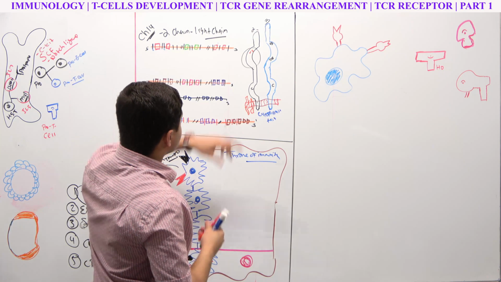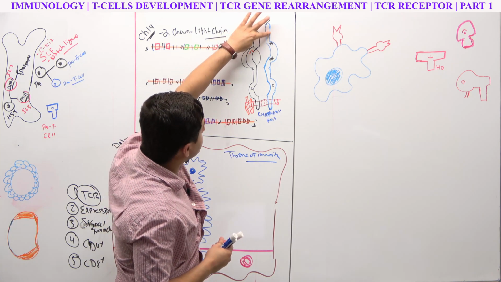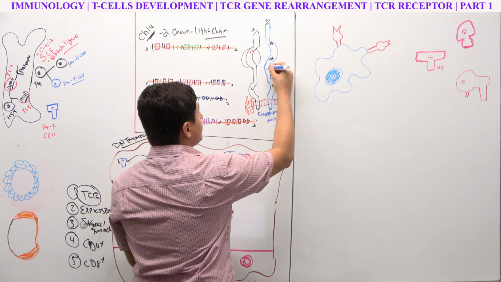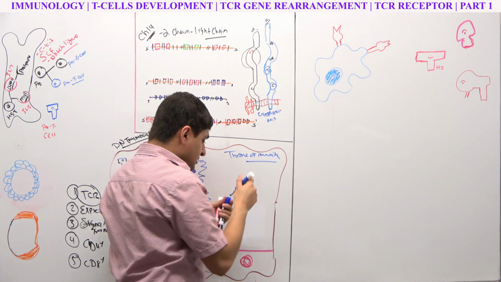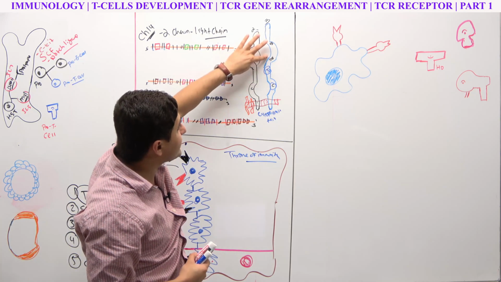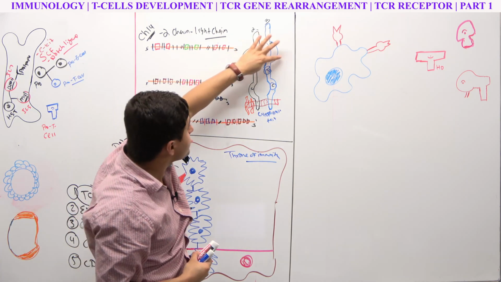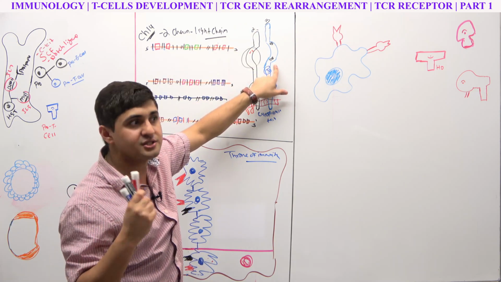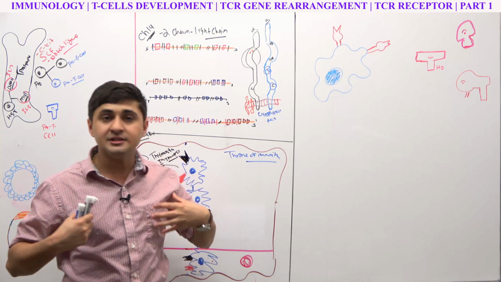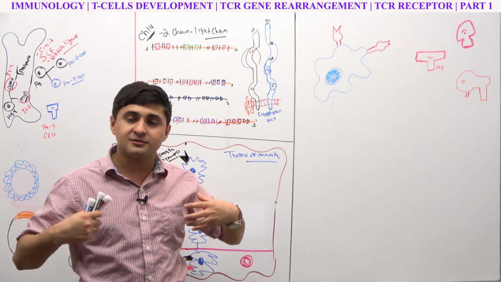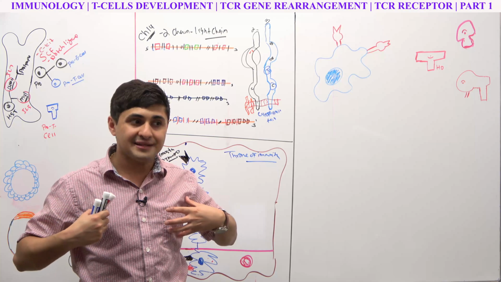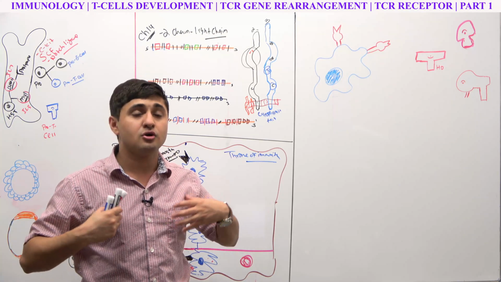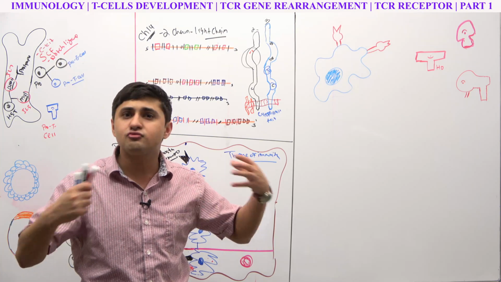Now if you look at the beta chain, you also have variable regions, J regions, obviously joint regions, and a constant region. But at the same time, the beta chains, which are also called heavy chains, have something called a diversity segment. This is the reason why T cells are very important: the diversity helps us identify or bind to a wide variety of pathogens.